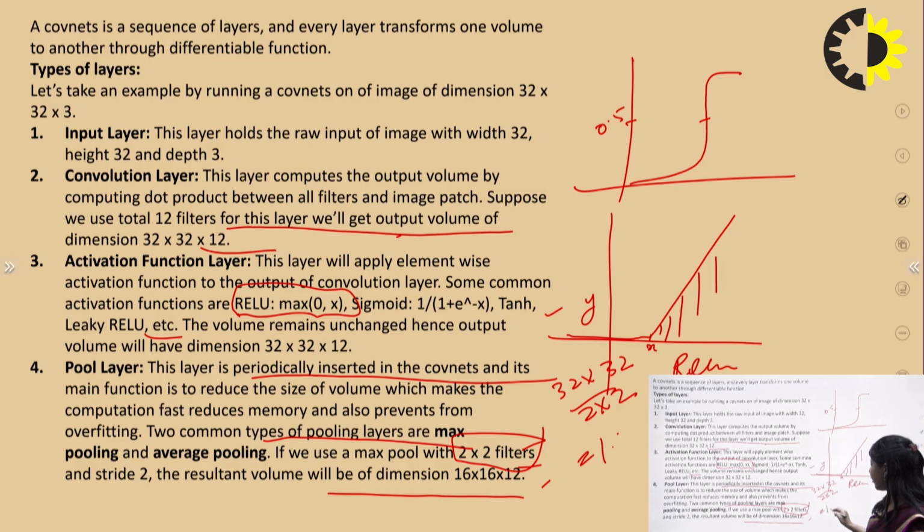So we get the output 16 by 16, and 12 is the number of filters. Clear? After the pooling layer the size got halved. We use the pooling layer because we want to reduce redundant features and reduce the pixel size of the image.